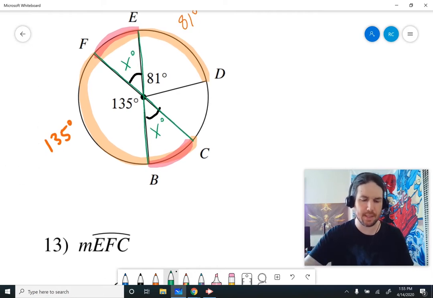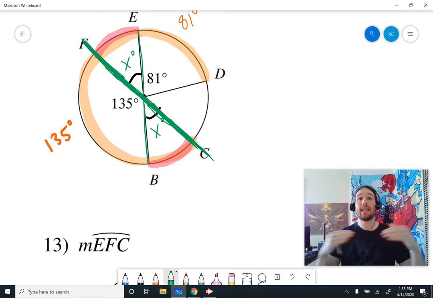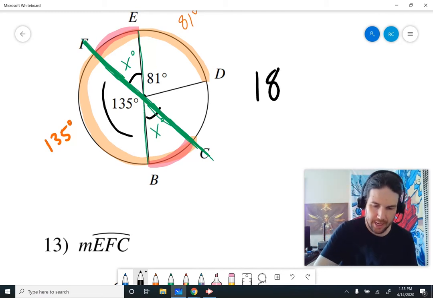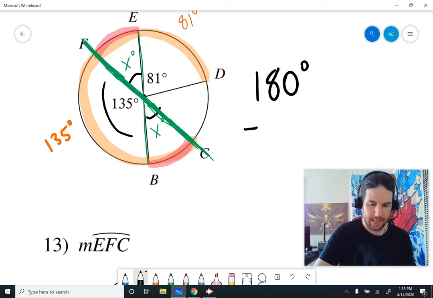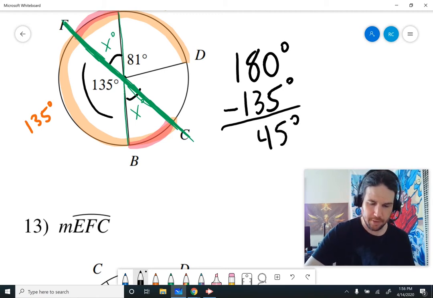Well, speaking of straight lines, if you look at this straight line here from F to C, we learned in class that a flat line, half a circle, is 180 degrees. Well, if this part is 135 degrees, then we can take 180 degrees and subtract 135 degrees, and that'll give us, let's see, 80 minus 35, 80 minus 30 is 50, so 45 degrees.